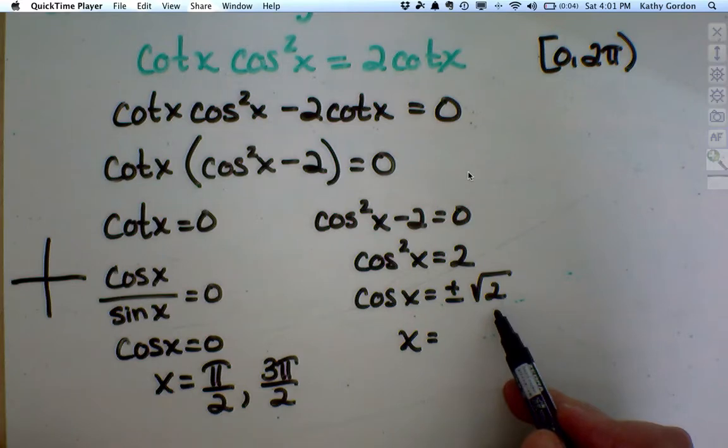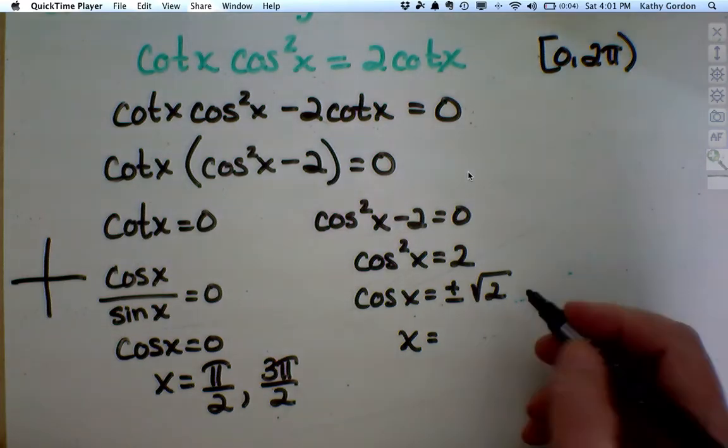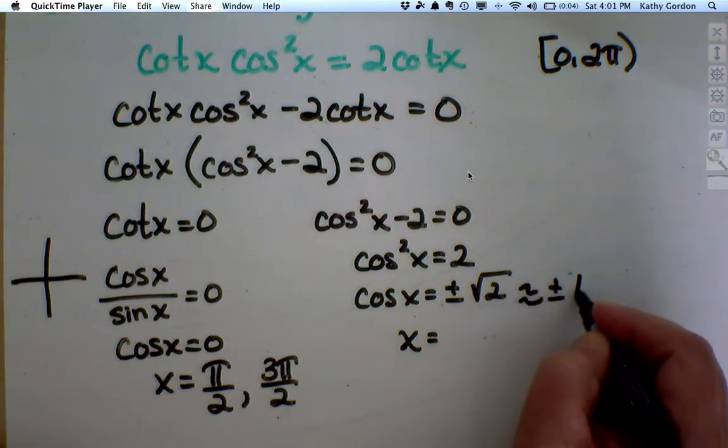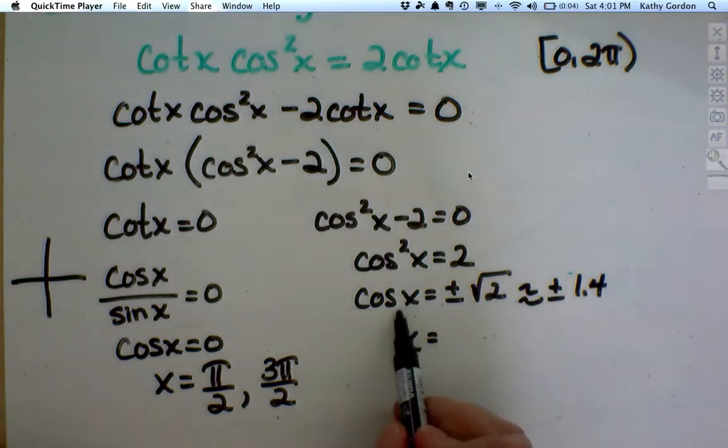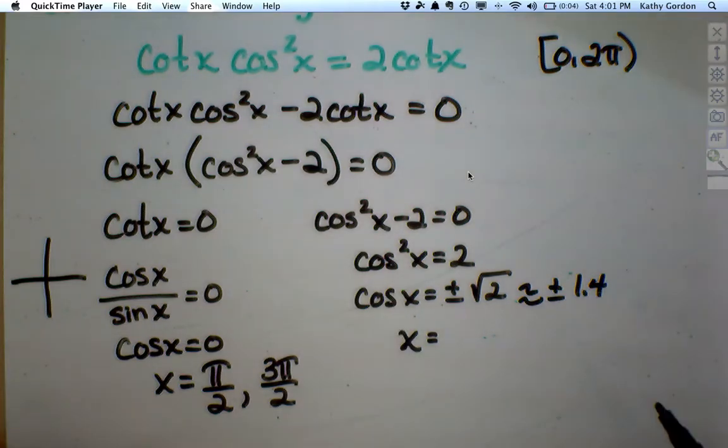And if we really think about this, the square root of 2 is approximately equal to about 1.4. Now remember, when we're talking about a parent function like cosine, x cannot be bigger than 1 or smaller than -1. It cannot go beyond that range of -1 to +1.